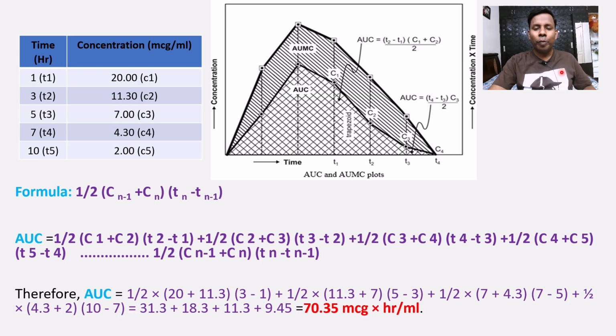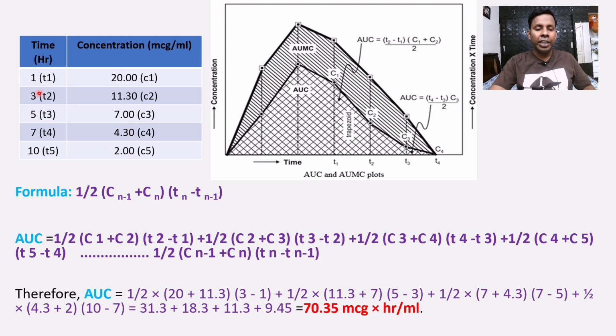Here we will solve a problem. The problem given is time and concentration, time in hour, concentration in microgram per ml. The given times are 1, 3, 5, 7 and 10, and given concentrations are 20, 11.30, 7, 4.30 and 2.